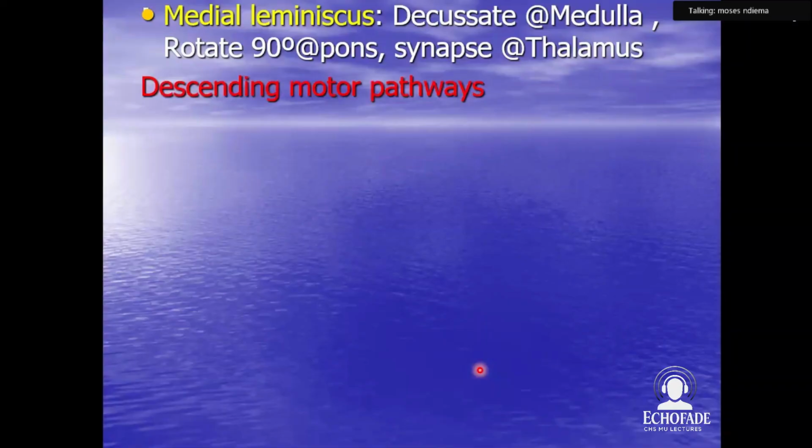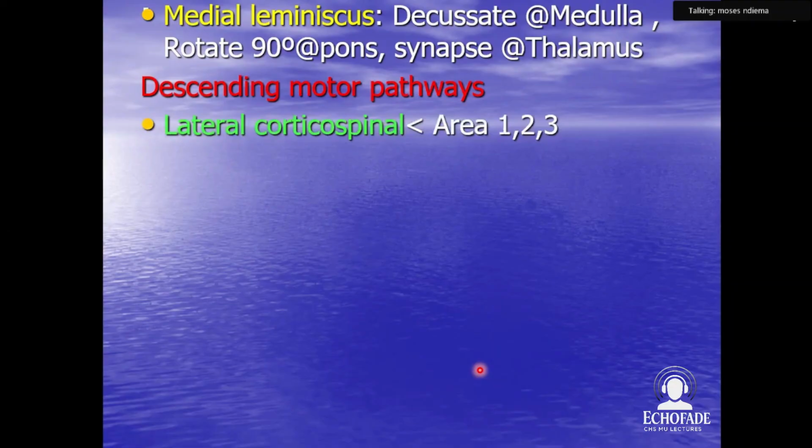From the brain, we have fibers which descend. These are motor pathways. They descend to the spinal cord, influence the efferent from the spinal cord to the effector organs. So these are descending motor pathways.